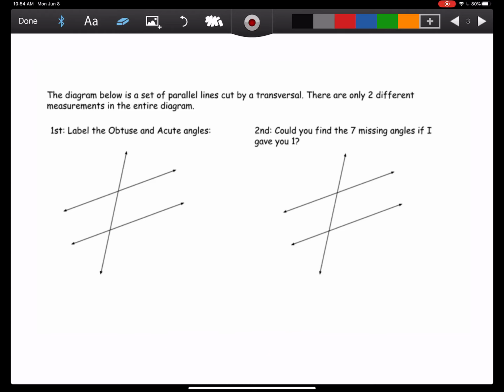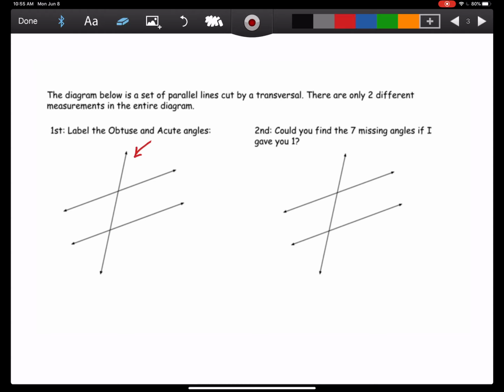I've seen many parallel lines cut by one transversal, and the truth is that the same outcome occurs. But we start out with a very basic model, which is just two parallel lines cut by one transversal.